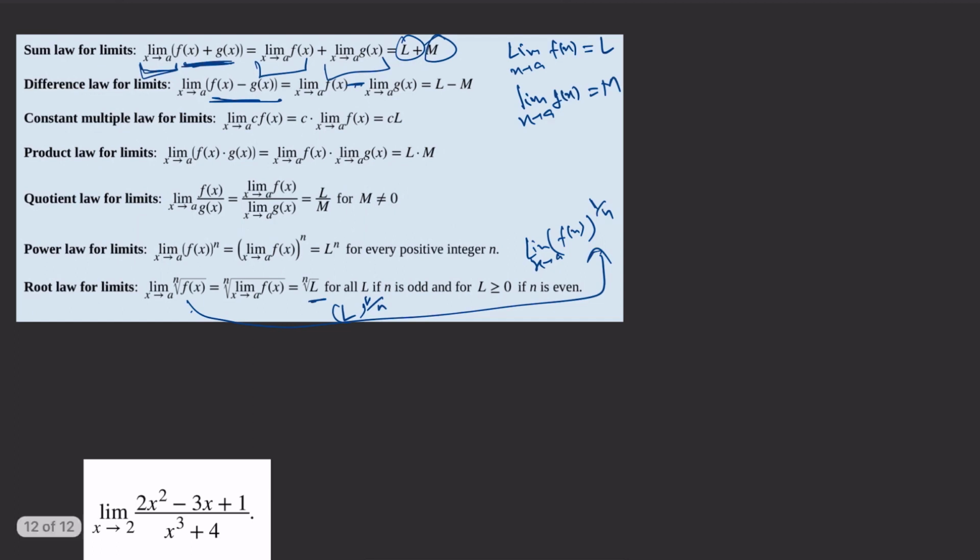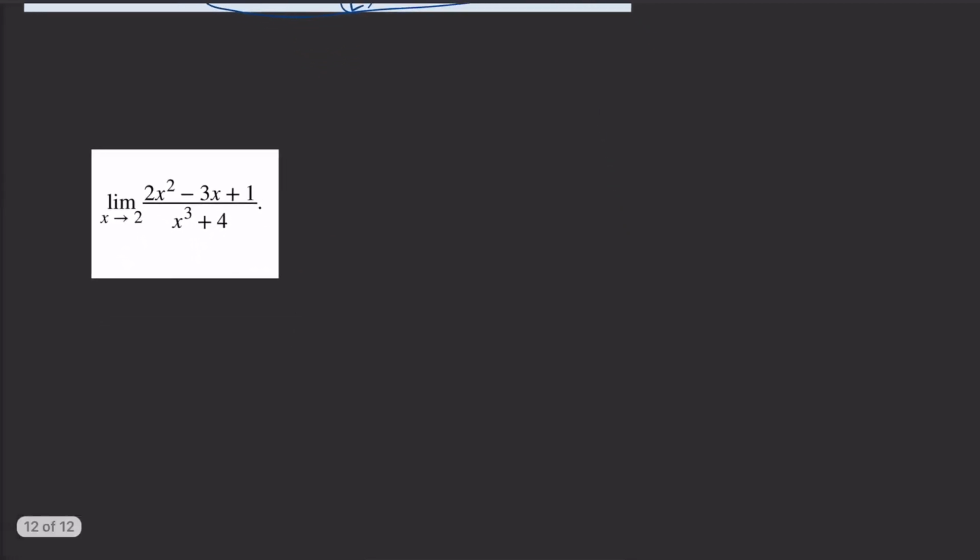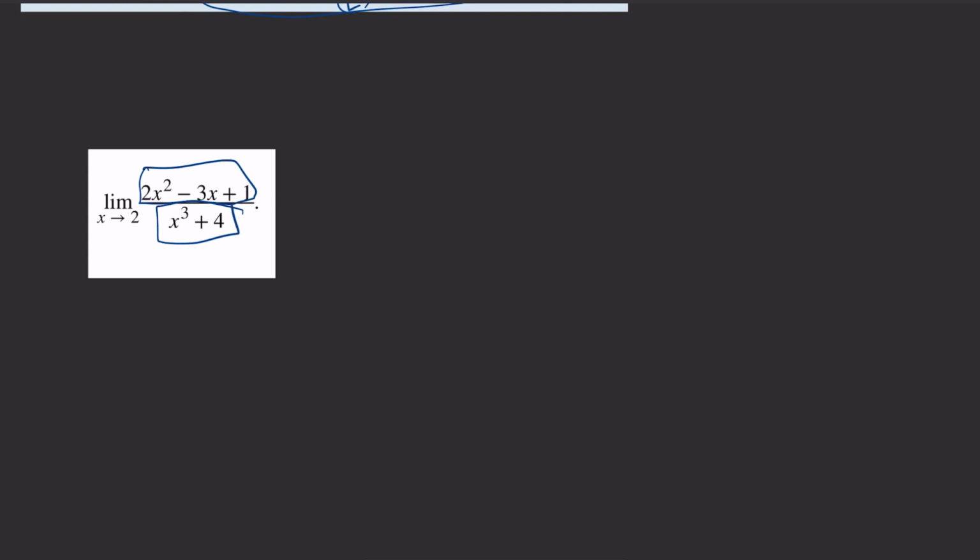Now we'll try to find the limit of this function. First of all, we can see that these two are polynomials, so these two limits exist individually. We will first find the limits of these functions.